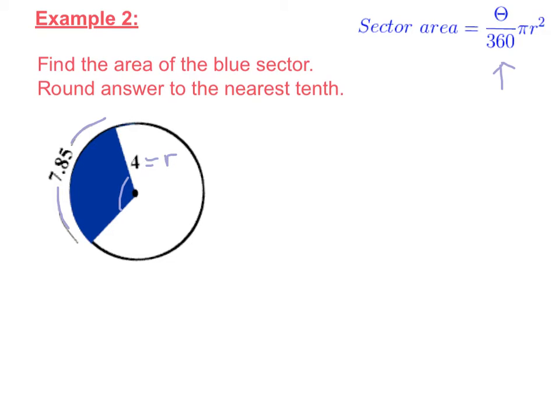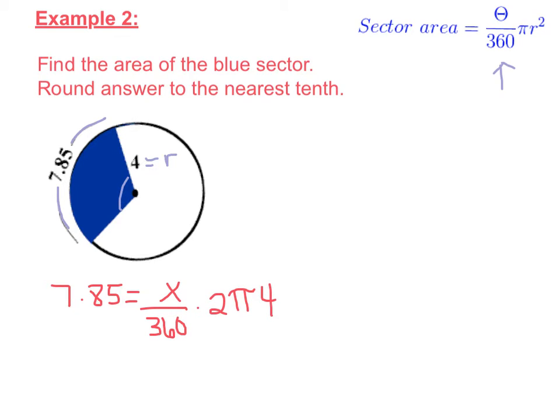But we find it by using our arc length formula that we learned earlier this week. So we have 7.85. Set it equal to the arc length formula, which would be, in this case, x over 360. X is representing theta times 2 pi r.